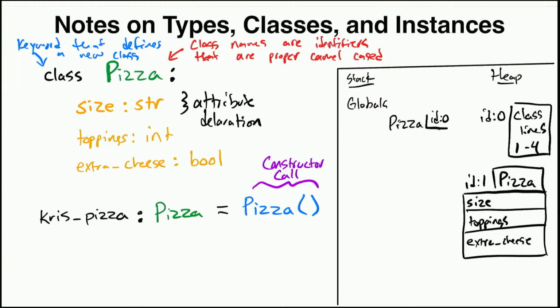Now, at this point in our program, none of these values are actually initialized to anything, but we have an object, ID 1, and now the variable name, chris_pizza, is associated with this object, ID 1. And this is the process of construction. We'll learn there's some more nuance to this soon, and we can control some of what goes on during this construction step.